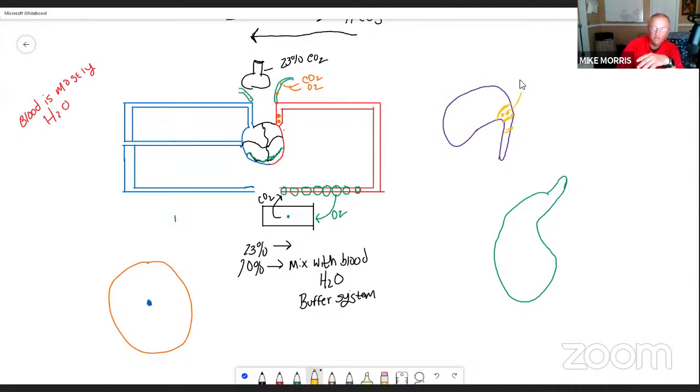And these guys receive information. They're going to receive information from the peripheral chemoreceptors. They're going to receive reports on CO2 and reports on the O2. These guys also monitor the amount of hydrogen ions, AKA acid. They keep up with that.